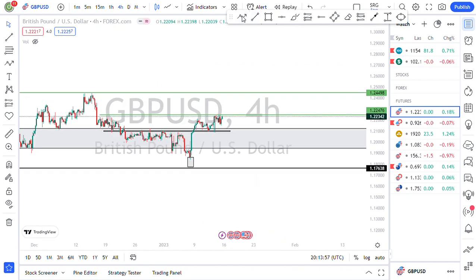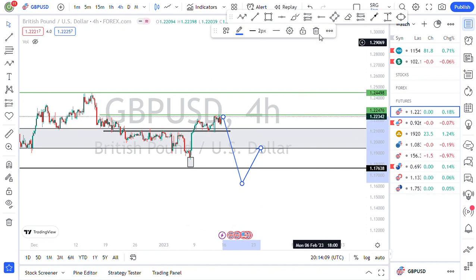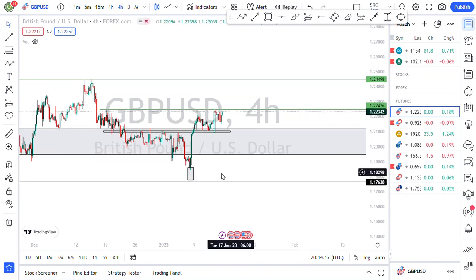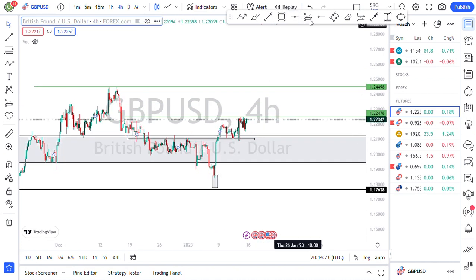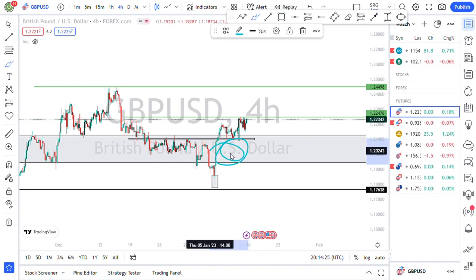So what I'm going to do if price is going to sell is that I will wait for price to come back down and give us a nice retest over here before we enter ourselves to the downside, right? Because I basically don't trade in the zone. If price was in this zone, I'm not going to trade, right?